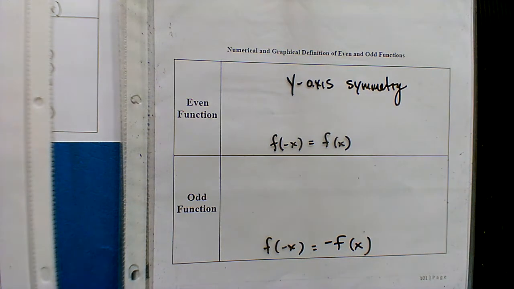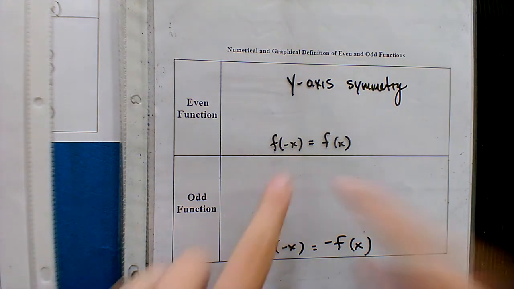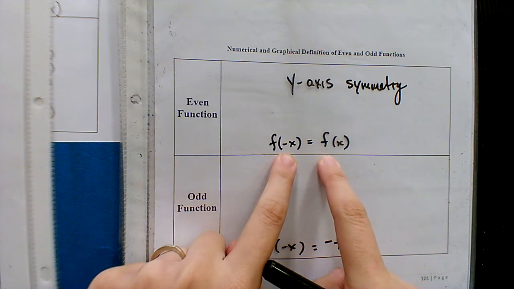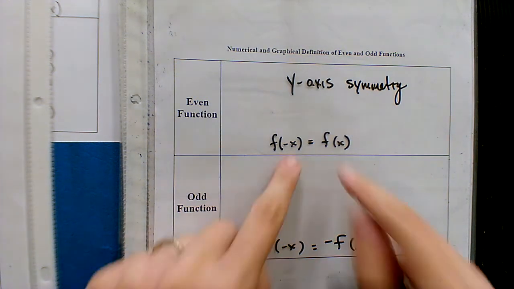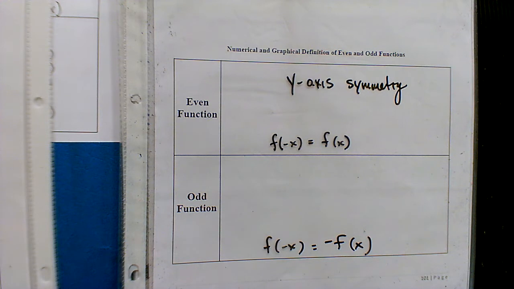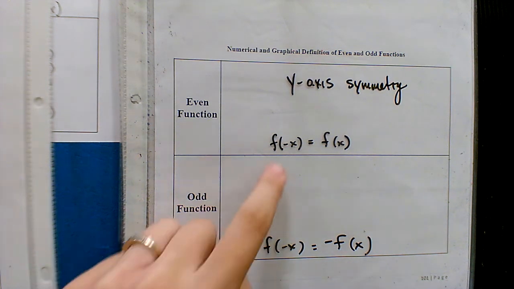We also went through the point relationship, and based off the point relationship, we were able to come up with this function notation. We're going to dive a little deeper into that today.